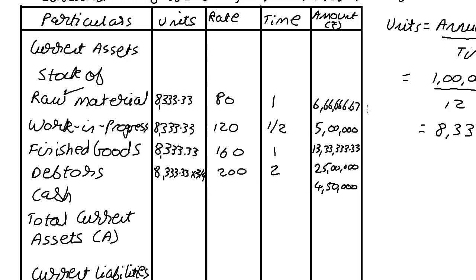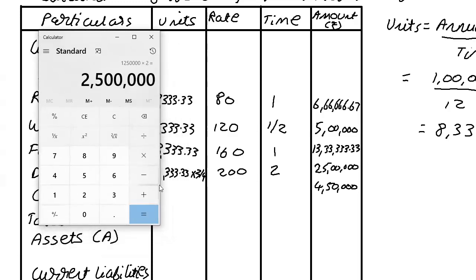And I'm going to go ahead and add it up now only because I have everything on the calculator. Anyway, I have 25 lakhs. I'm going to start from the top, plus 6,66,666.67 plus 5 lakhs plus 13,33,333.33 plus 4,50,000.